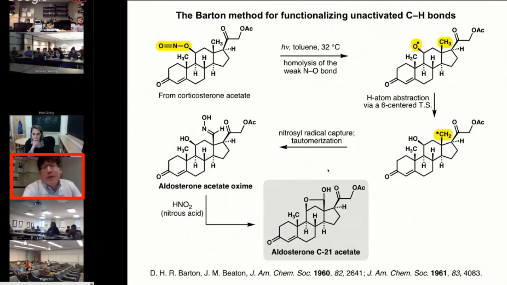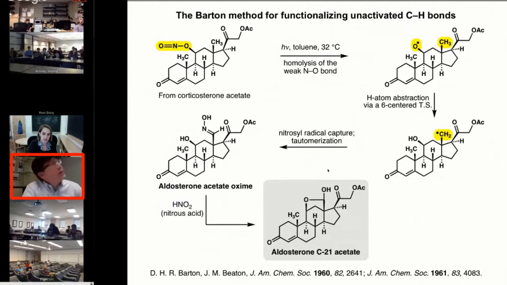A tautomerization event then gives structures having aldehyde oxidation states. This is a really beautiful example of a problem in synthesis that drove the development of a reaction that has had a lasting impact on the field of synthesis.